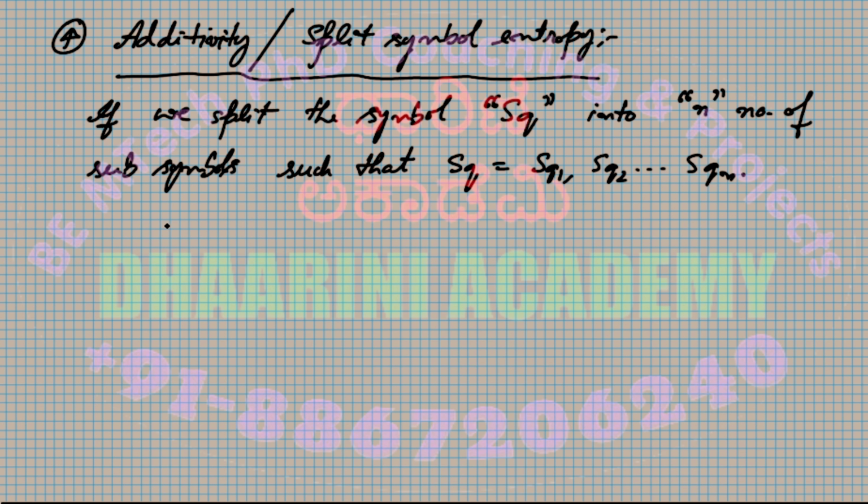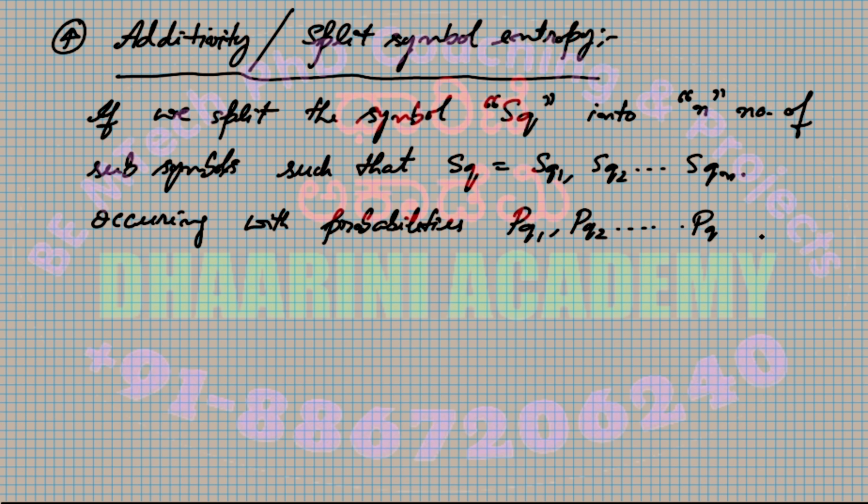Again, whenever we split, we need some probabilities, occurring with probabilities PQ1, PQ2, up to say PQN. Whenever we talk about this kind of probability, the sum of the probabilities should be 1.